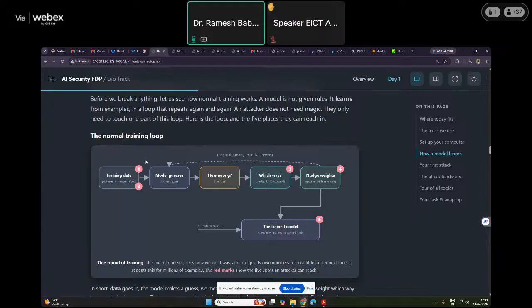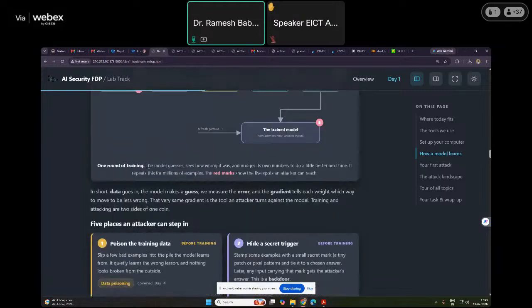So this figure is very important. It gives you an idea of where you are going to introduce attacks into the overall training framework. And each part can have different categories, and each category can have its own mechanism, which we will discuss further in the session.